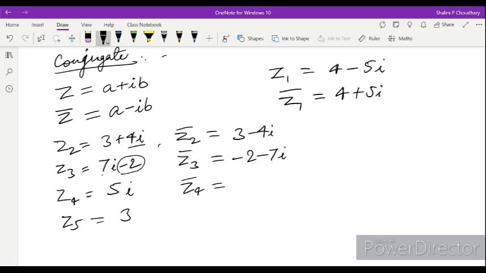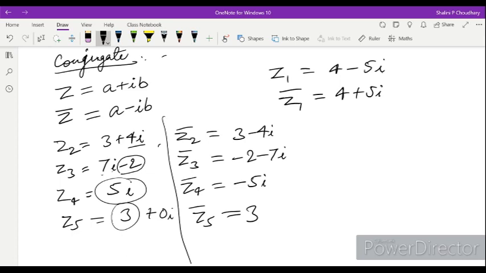Z4 bar: there is no real part, so the real part is 0, and 5i has a plus sign, so it will be minus 5i. Z5 bar: 3 is a real number, there is no imaginary part, and we have to change the sign of the imaginary part. 3 plus 0i or 3 minus 0i, there will be no change. So the conjugate of Z5 will be 3 only.